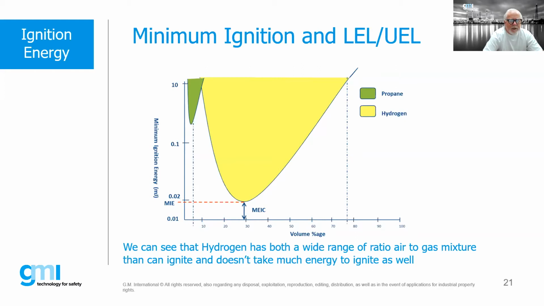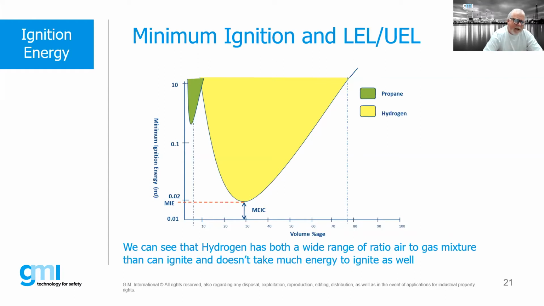But there's actually a range in which gases and vapors will ignite when exposed in combination with air. And what we're basically saying here is that if we get a rough estimate of approximately 29% hydrogen to approximately 71% air, and if we have the low amount of energy of 19 microjoules, we're going to have an explosion.